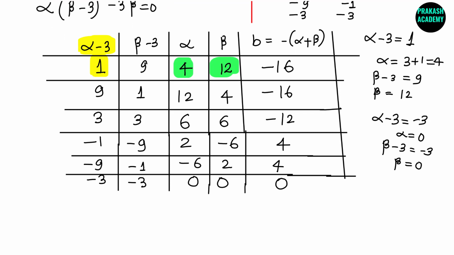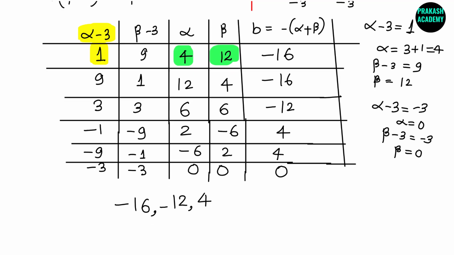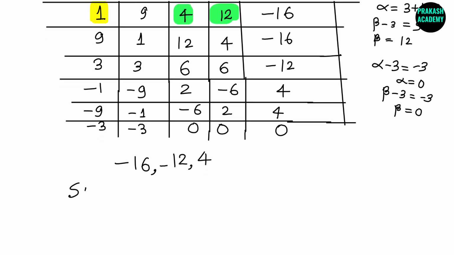So the possible values of b, the distinct values of b: one possible value is minus 16, another is minus 12, another is 4. So these are the three distinct values we have. Now we have to find the sum of all possible values of b.